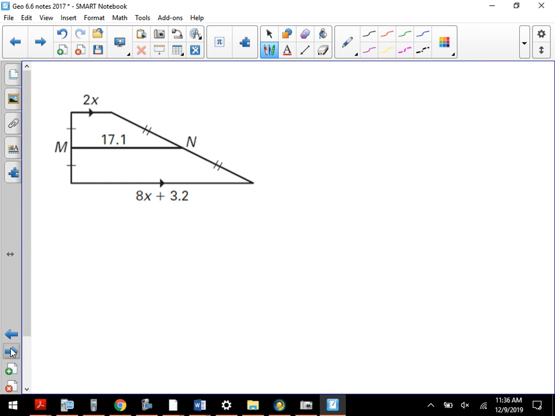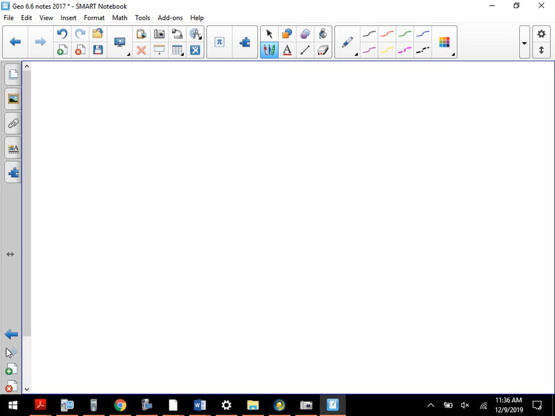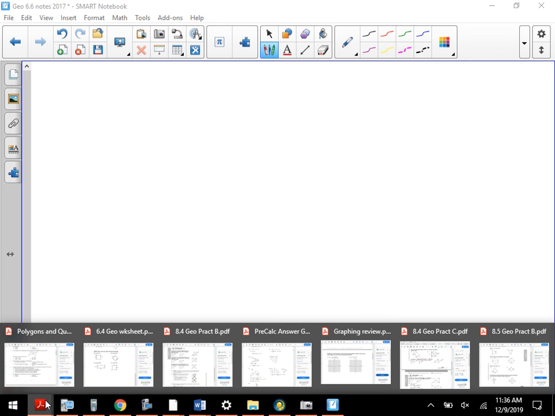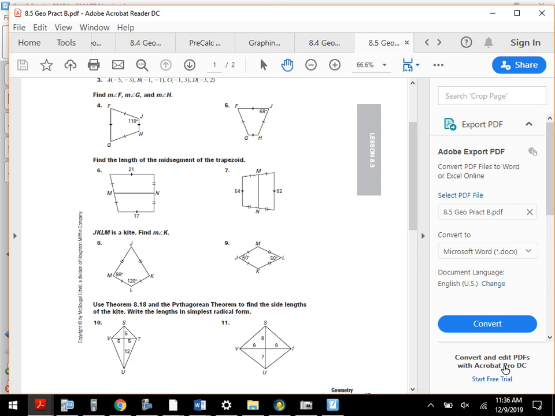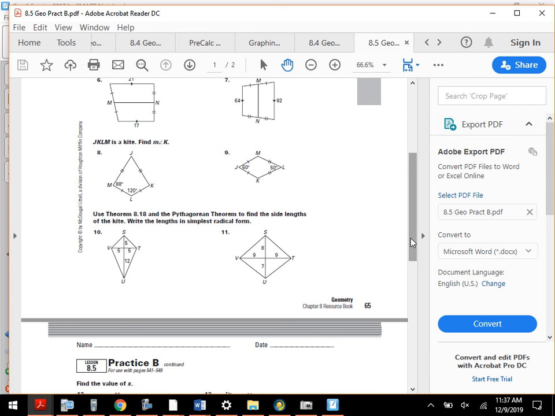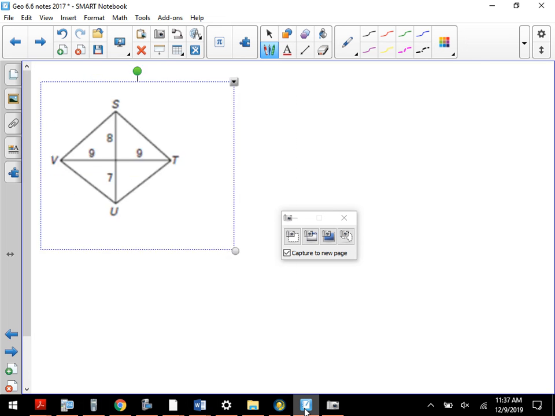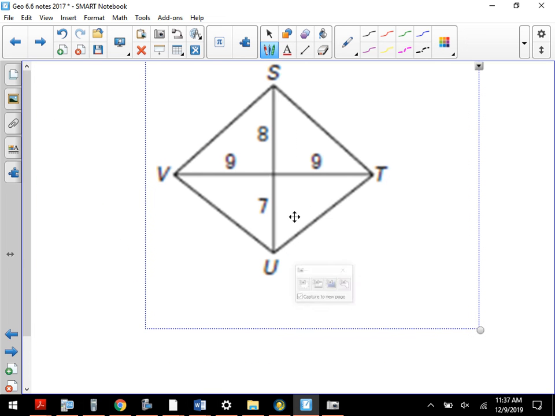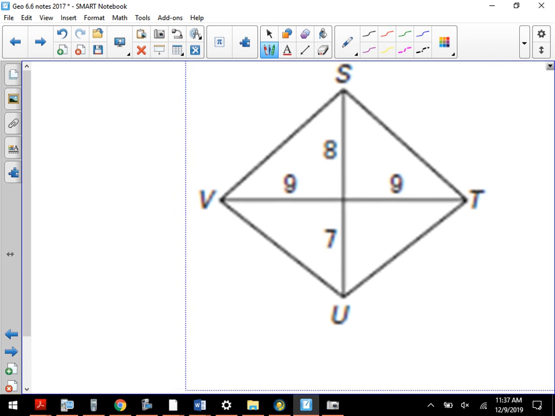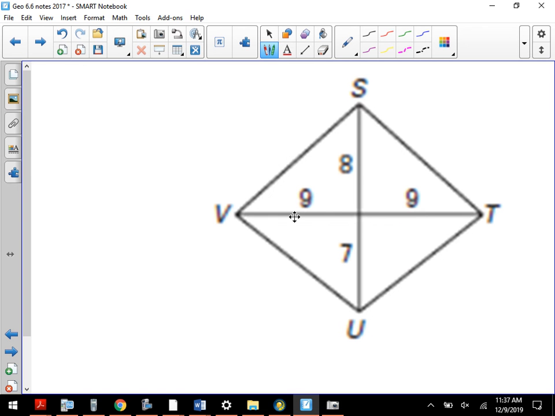I'll show you the kite one that shows up. With kites, sometimes you have to find the side lengths. As we said earlier, when you have a kite, the diagonals are perpendicular.